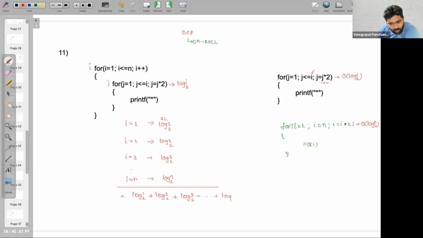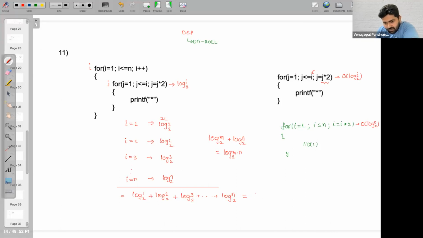Now can you remember any logarithm property here? Yes, one property that I have discussed: log m base 2 plus log n base 2, I can write as log of m into n. Now here also, not exchanging base, friends.